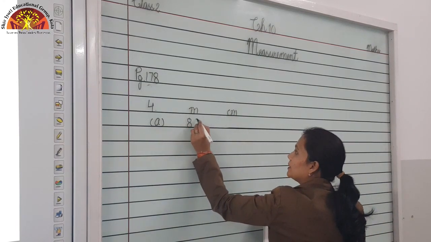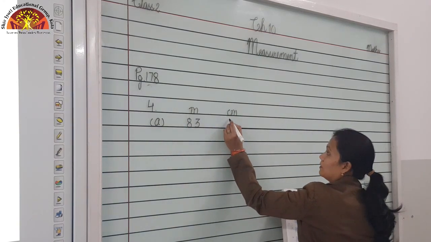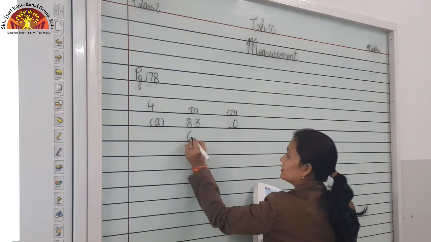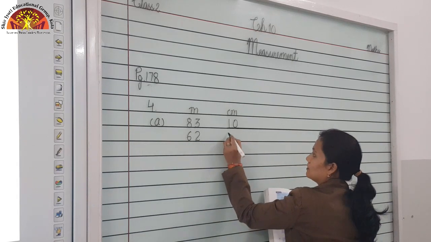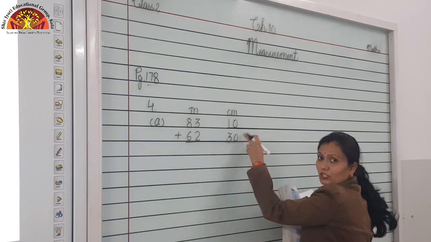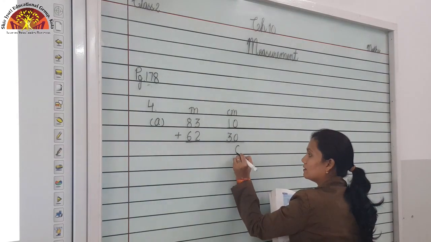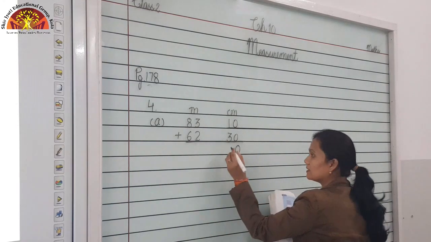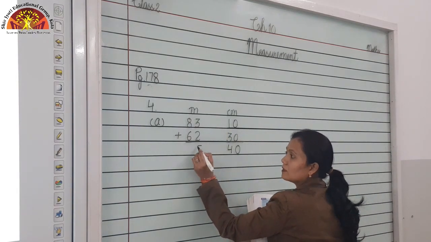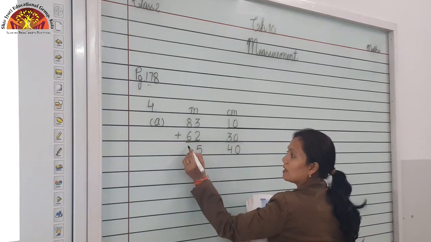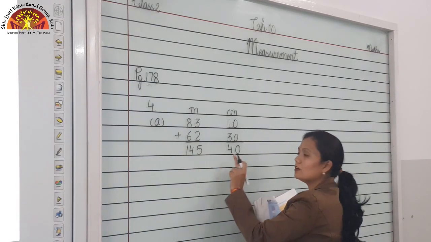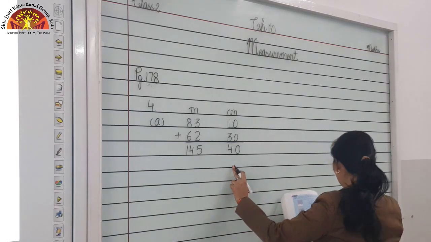Here 83 meter 10 centimeter, 62 meter 30 centimeter. Add. 0 plus 0 is 0. 1 plus 3 is 4. 3 plus 2 is 5. 8 plus 6 is 14. So 145 meter 40 centimeter.